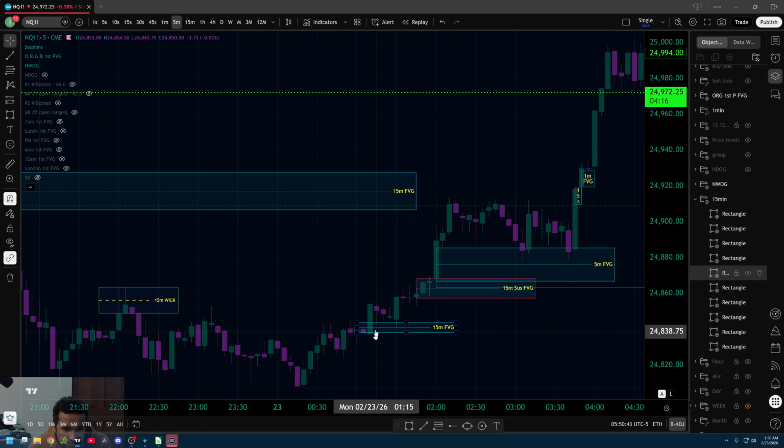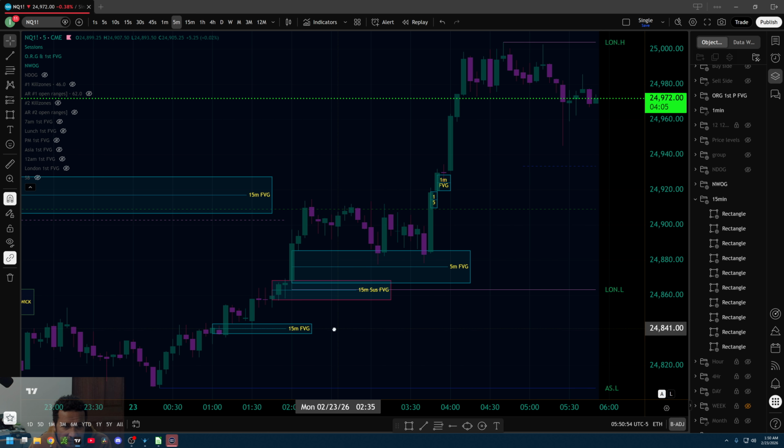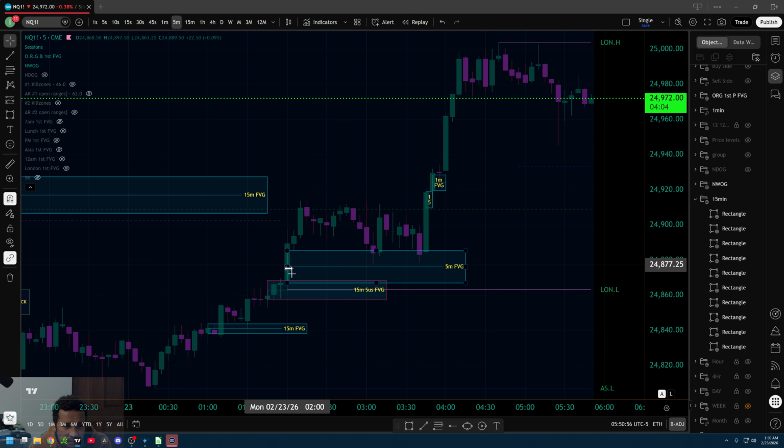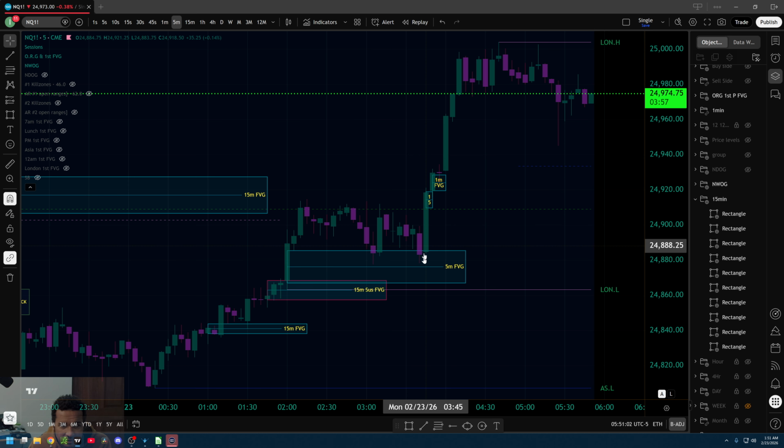Five-minute chart. Here's your entry long using that 15-minute fair value gap. Here's your 5-minute fair value gap. Tests it, respects it, tests it, respects it again.